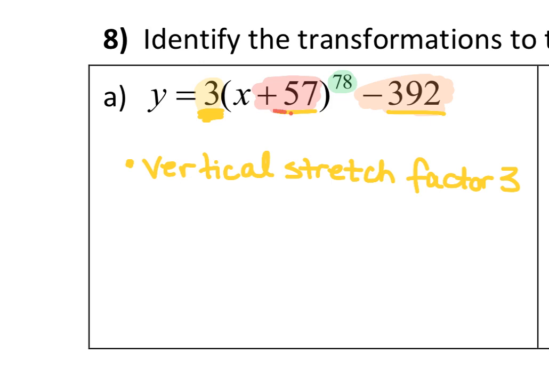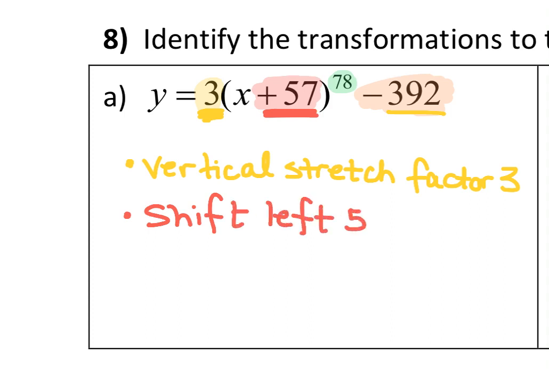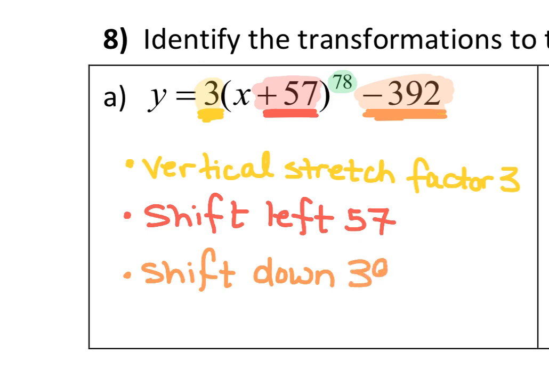And then the plus 57 is going to be a shift to the left by 57. And then that minus 392 is going to be a shift down by 392.